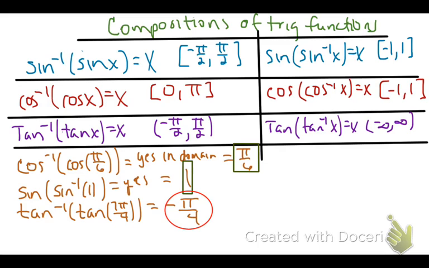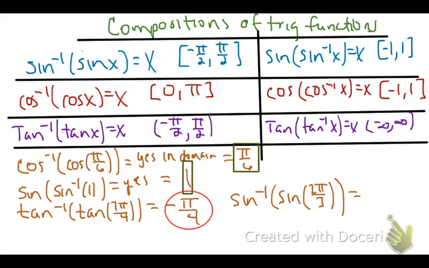Okay, and let's do one more. Let's do sine inverse of sine of 2 pi over 3. Sine is in the parentheses, so that is the one we will pay attention to, which is between negative pi over 2 and pi over 2.